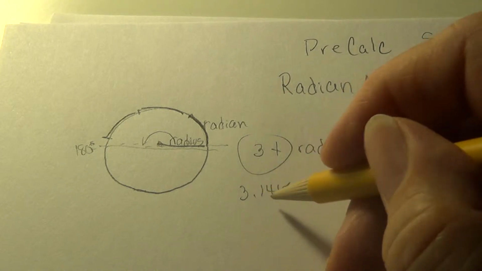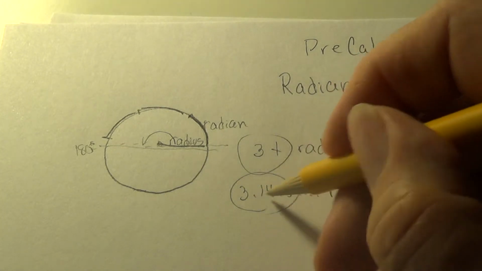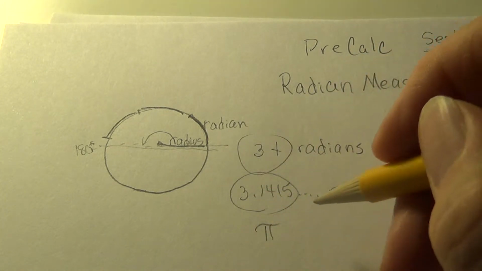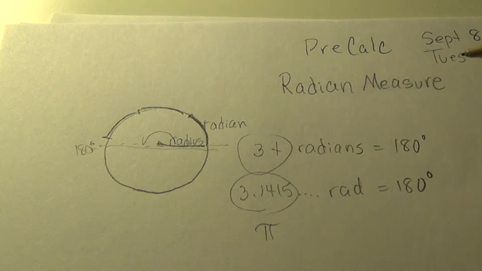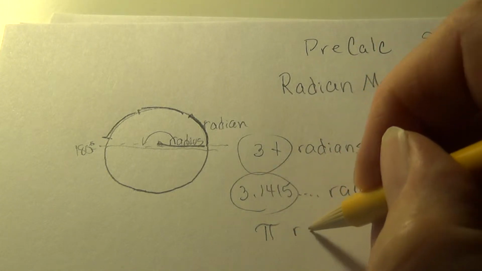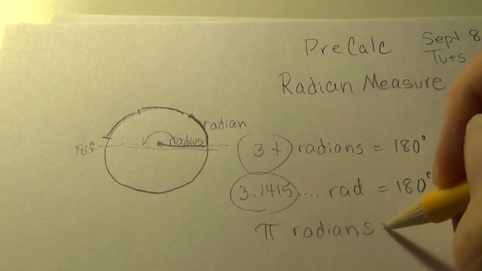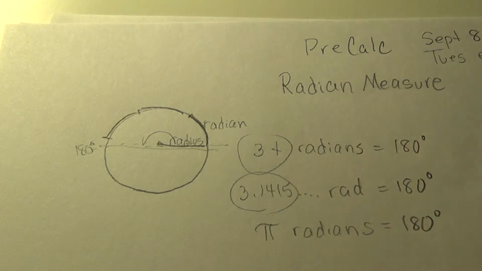And no surprise, this can be even more precise. It's the number pi. Pi is an irrational number; its decimal representation never ends or repeats. So it is interesting that pi radians equal 180 degrees.